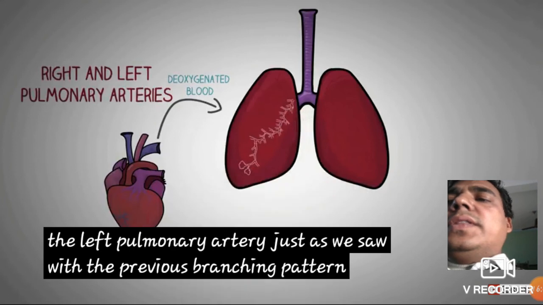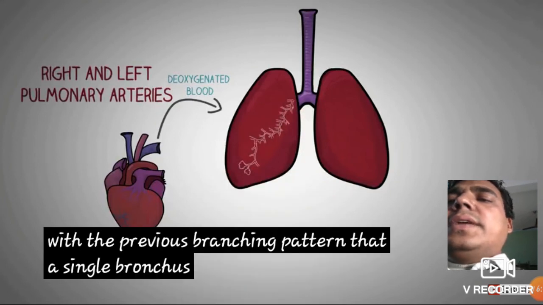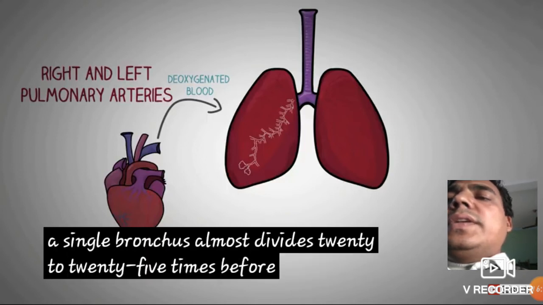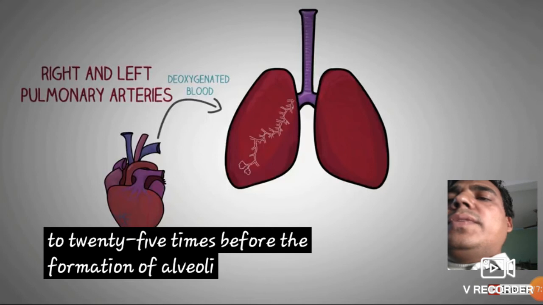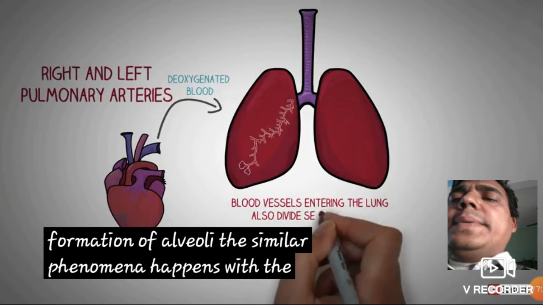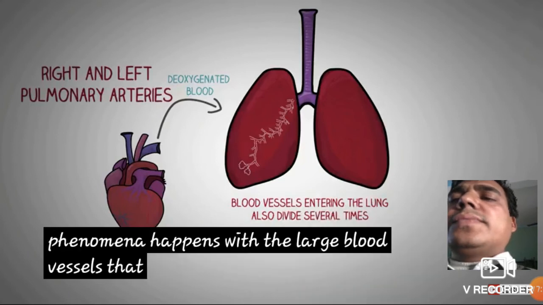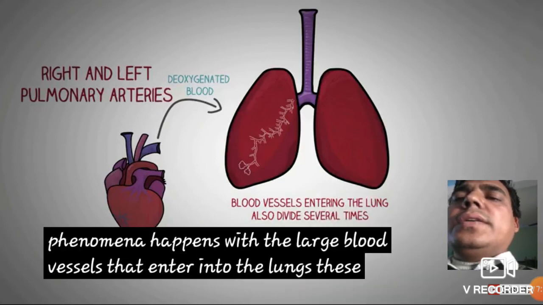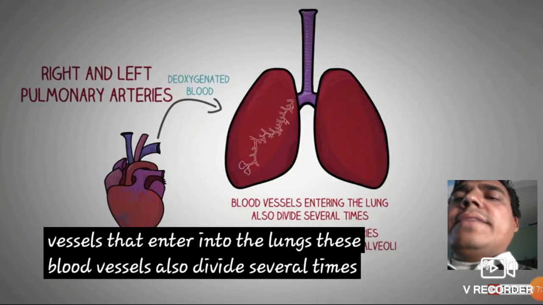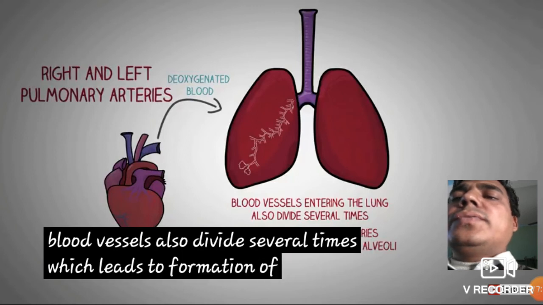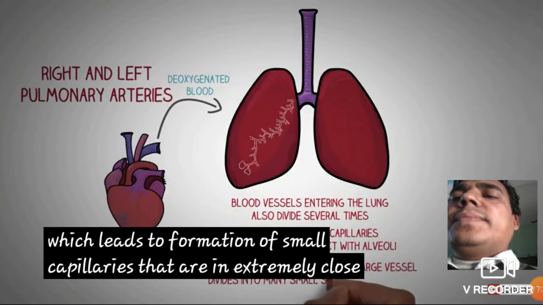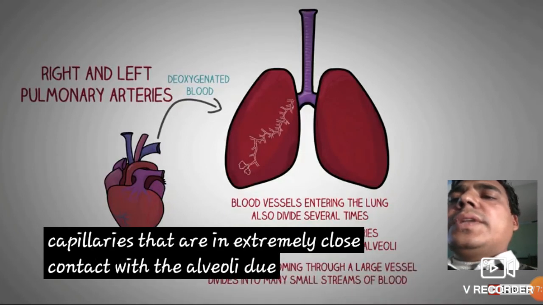Just as we saw with the previous branching pattern, where a single bronchus divides 20 to 25 times before the formation of the alveoli, a similar phenomenon happens with the large blood vessels that enter the lungs. These blood vessels also divide several times, which leads to the formation of small capillaries that are in extremely close contact with the alveoli.